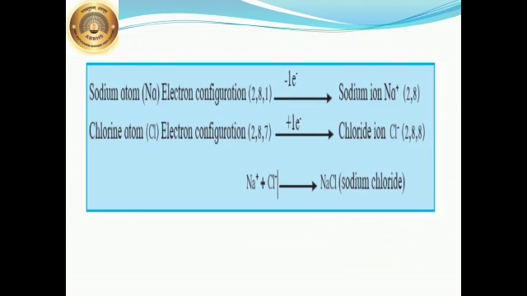See, you can see here, children, sodium atom electronic configuration 2, 8, 1. So, it loses 1 electron and forms Na plus. The one who gives forms a positive ion, and the one which takes the electron, that is chlorine, is taking the electron to make it 2, 8, 8. So, it becomes a chloride ion. And then Na plus and Cl minus gives you NaCl, that is sodium chloride.